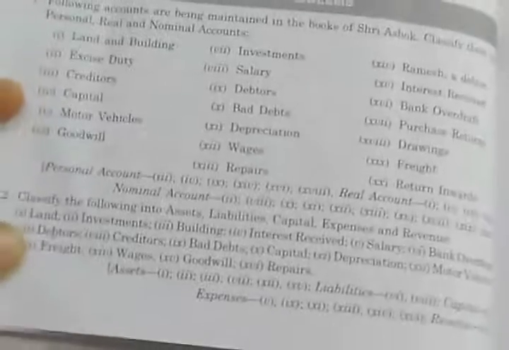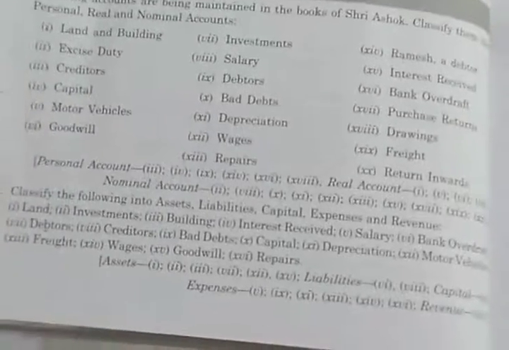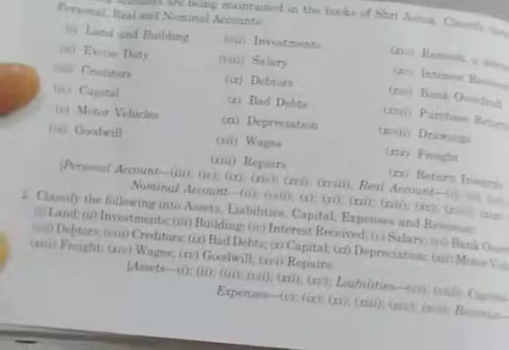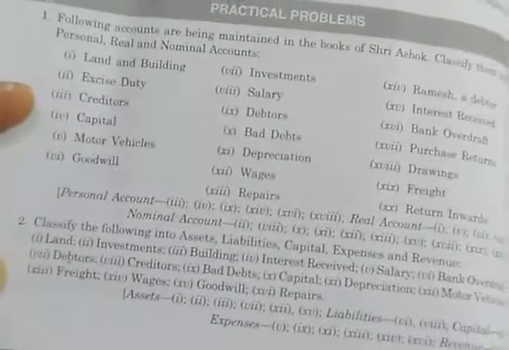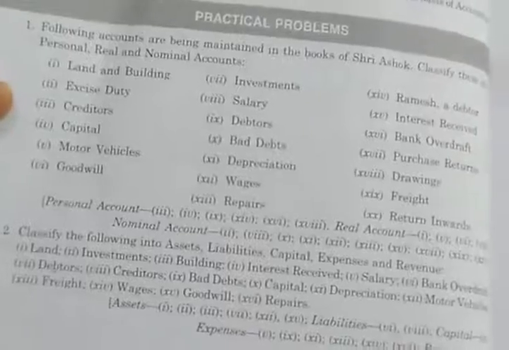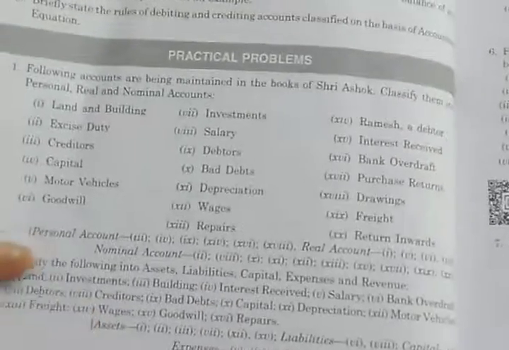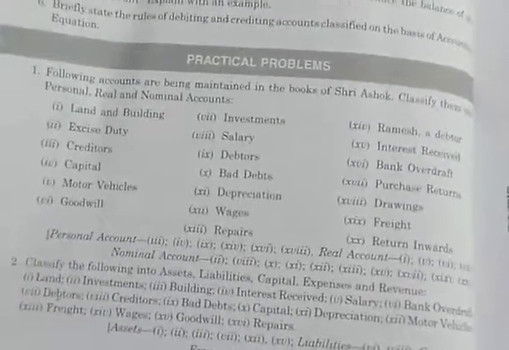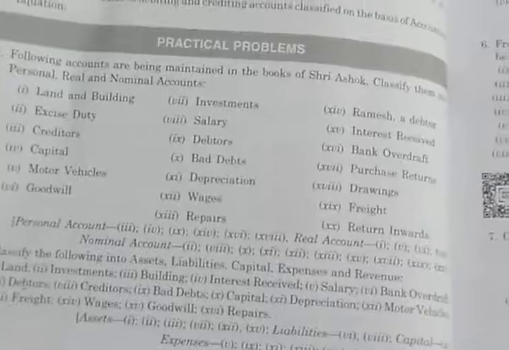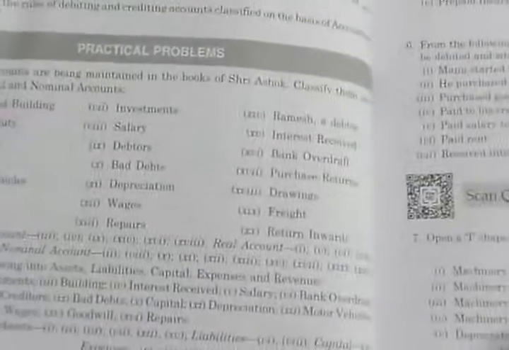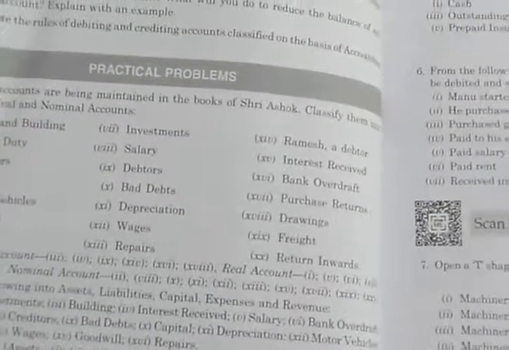Question number 2: Classify the following assets, liabilities, capital, expenses and revenue. First is land, investment, building, interest received, salary, bank overdraft, debtor, creditor, bad debts, capital, depreciation, motor vehicle, furniture, wages, goodwill and repair. You need to classify them into 5 categories: assets, liability, capital, expenses and revenue.